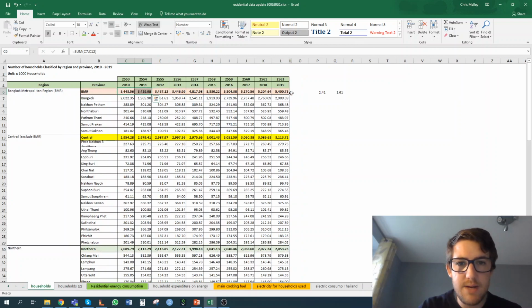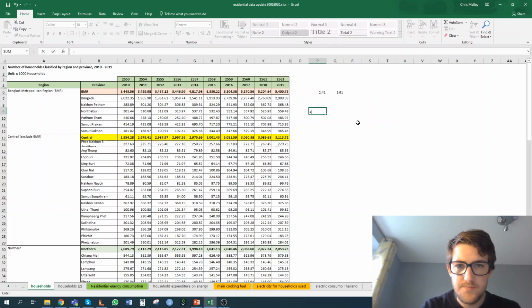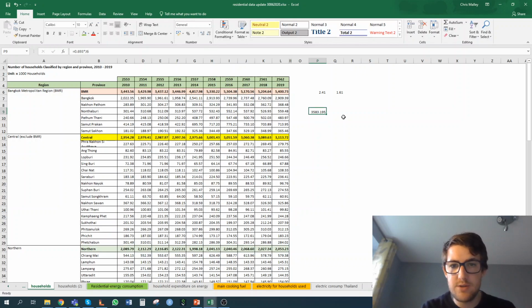So let me go back to my households. 69.3%, 0.693, multiplied by this number gives me how many households that is. 3,583. 3,583 households consume LPG for cooking.